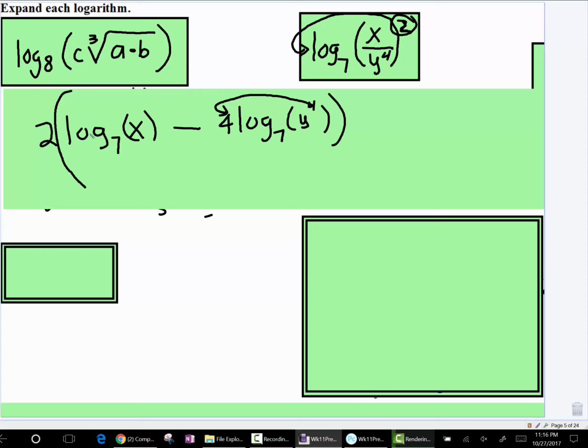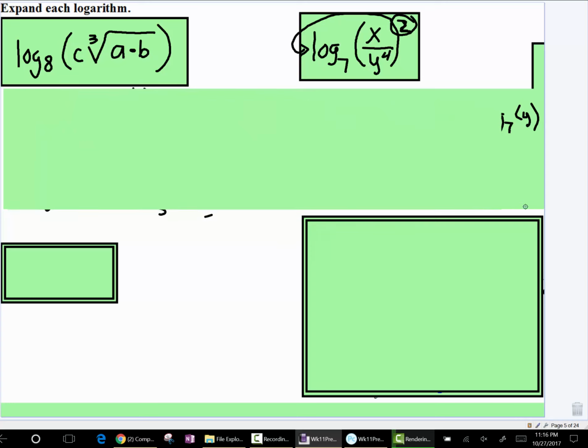And I think you would have to do the distributive, so that would simplify to log base 7 of x minus 8, because 2 times -4 is -8, log base 7 of y, just like that. Okay, I hope you are following that okay. I'm going to cover that up.